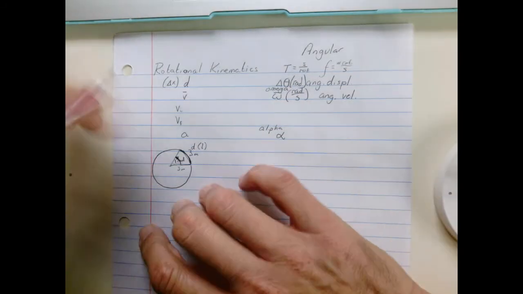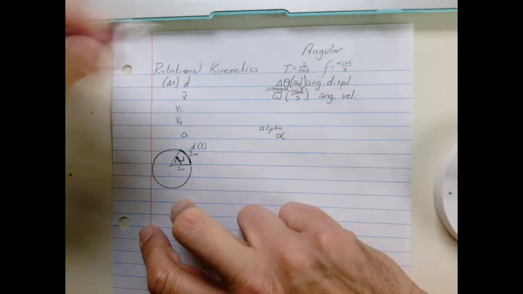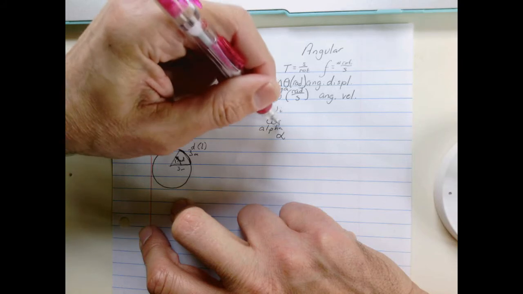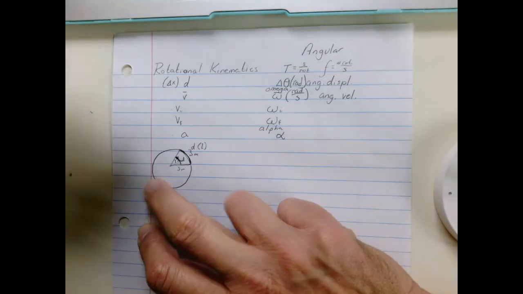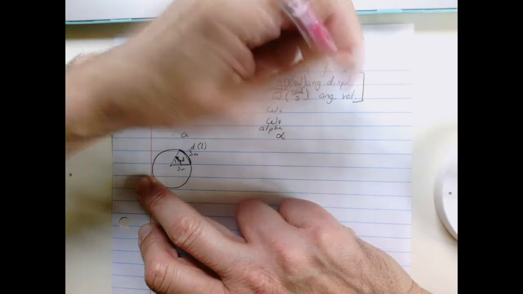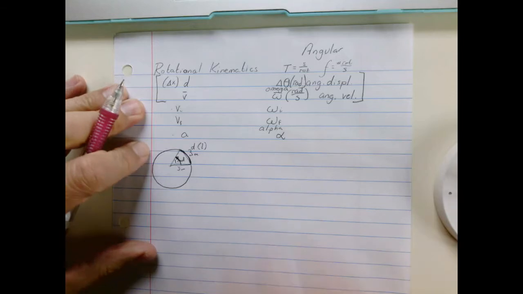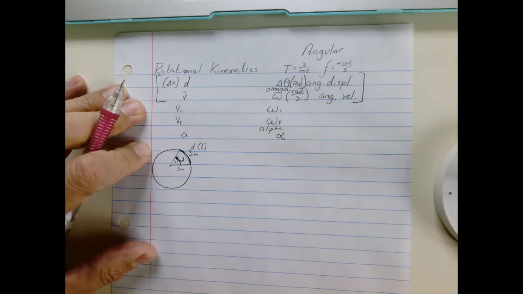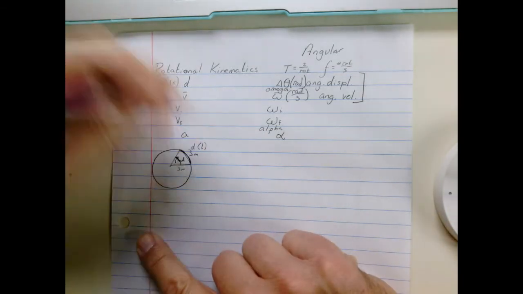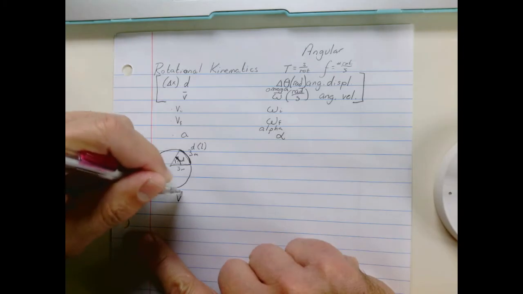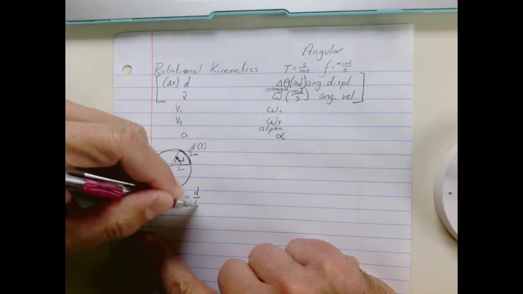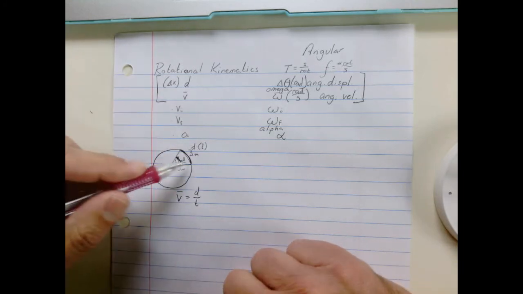And we can do all the same sort of things that we did here. We could have an omega initial, an omega final. For today, I just want you to concentrate on this stuff. Pretend we're talking about constant velocity like we did in, I don't know, unit 2. So it's easier problems. Well, think of this. If average velocity is displacement over time, and we're just going to use d over t, because we're talking about these curving things.